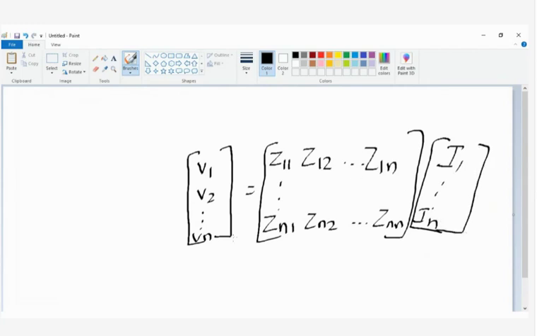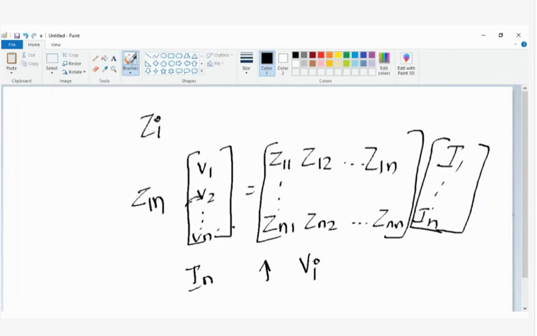So basically, capital Zin means if there is a current injection In at node n, how much the voltage at node i is affected.